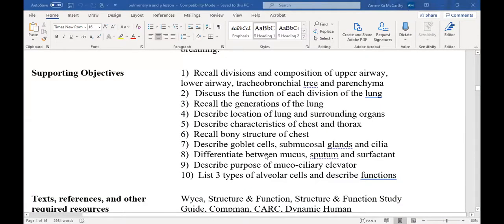Now, objectives for pulmonary A&P. Recall the divisions and compositions of the upper airway, the lower airway, the tracheobronchial tree, and the lung parenchyma. The lung parenchyma is where the magic happens. You're going to hear me say that a lot about the magic. You've heard me say it before.